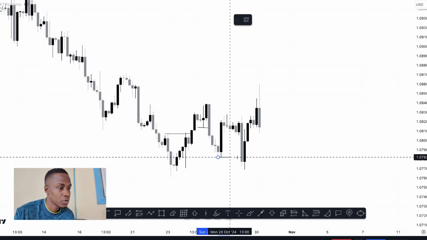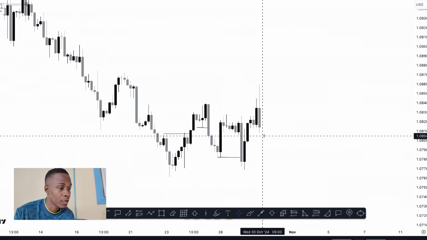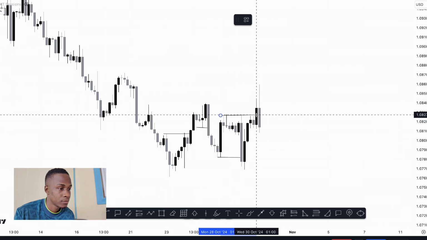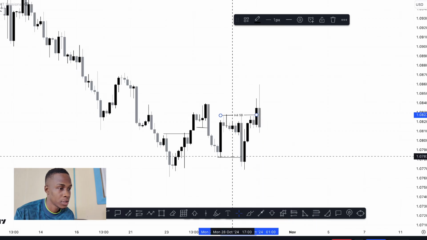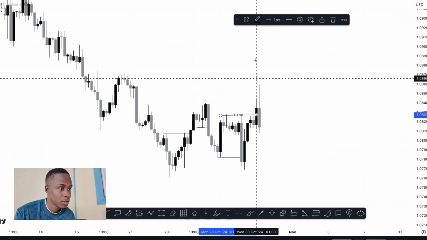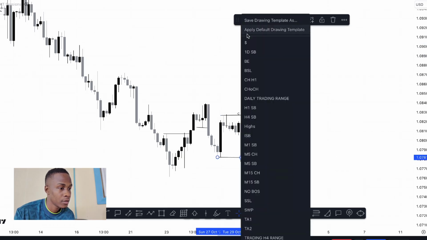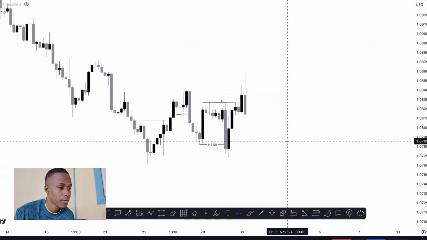And as I said before, this is just the 4 hour chart. So right here we have a 4 hour change of character, and then we have a structure break right here.